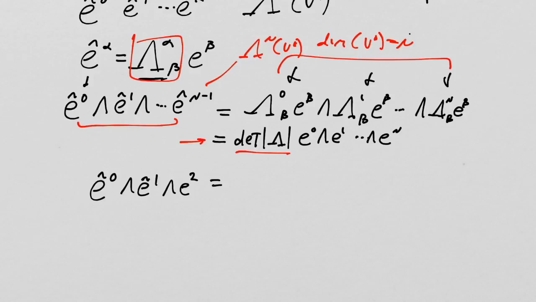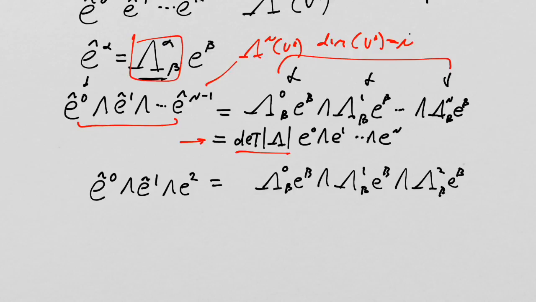Now this is going to be lambda 0 beta E beta wedge lambda 1 beta E beta wedge lambda 2 beta E beta.